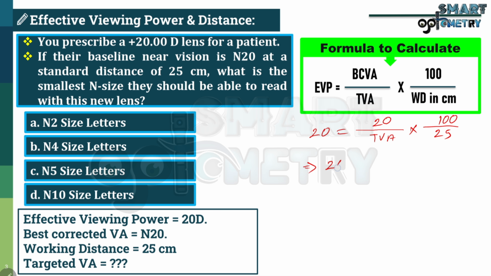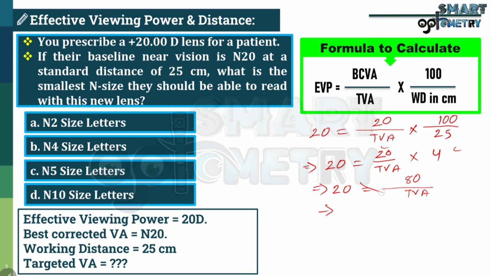Now 20 equals 20 divided by targeted visual acuity multiplied by, if we divide 100 by 25, it will become 4. Now 20 equals, if we multiply 20 and 4, it will become 80 divided by targeted visual acuity.